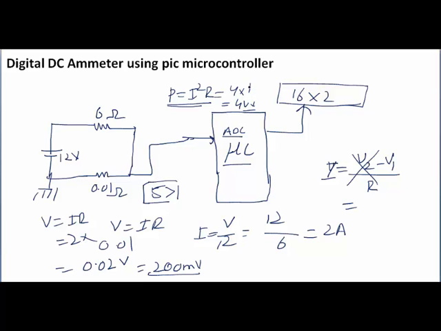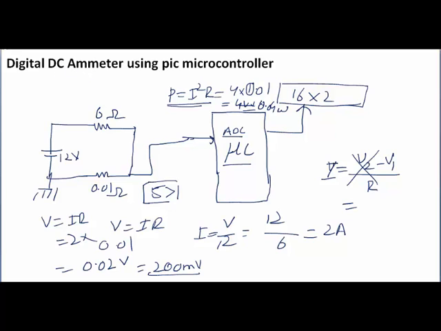If you are using only 0.01 ohm, there will be a loss of only 0.04 watt. So this is the basic overview of how you can design a digital DC ammeter using PIC microcontroller.